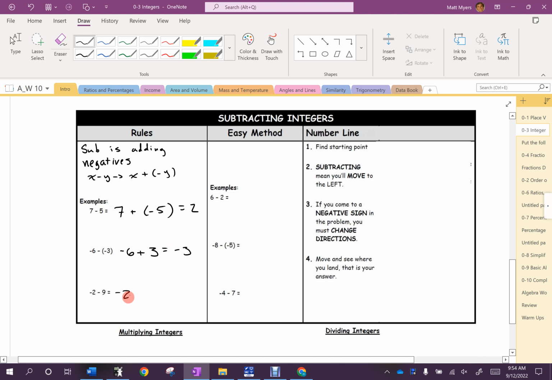Down here, negative 2 plus the 9 becomes negative 9. And if I have negative 2 and then negative 9 more, I end up with what? If I'm at negative 2 and I go negative 9 more in the negative direction, where do I get? Negative 11. See how easy it is?